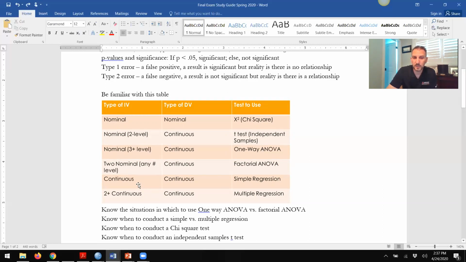Then more recently, we've been talking about the simple regression, a continuous independent variable with a continuous dependent variable. That is a simple regression. If you're only looking for the correlation coefficient, you could also call that a simple correlation. I won't get you confused and ask you, oh, is it a regression or a correlation? Don't worry about that. But yeah, the difference is it's an independent variable that is continuous.